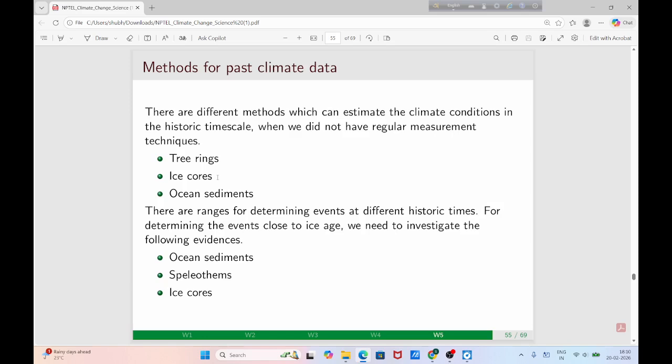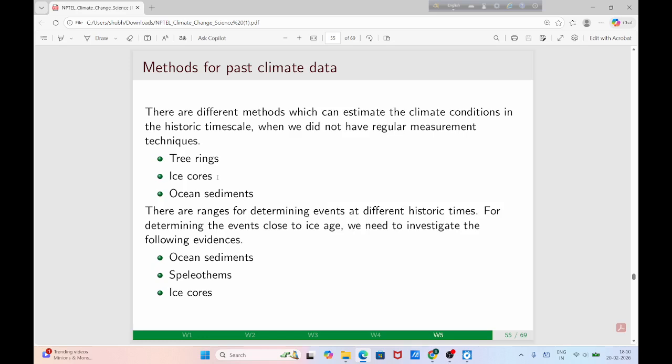But the layers which are beneath them, which are deep down, will have information for the past years, even maybe past centuries or even more than that. So ice cores exhibit important evidences for past climates.